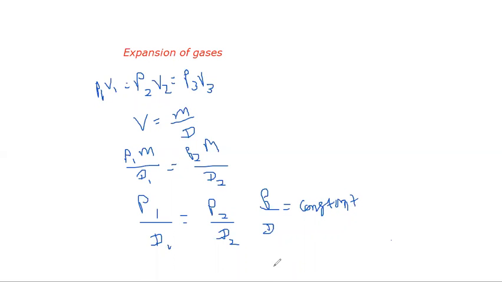So the gas should have a fixed mass, then only Boyle's law is applicable. So in this case, if we blow air into a balloon, the mass does not remain constant. So Boyle's law is not applicable in such cases. This was one important thing.